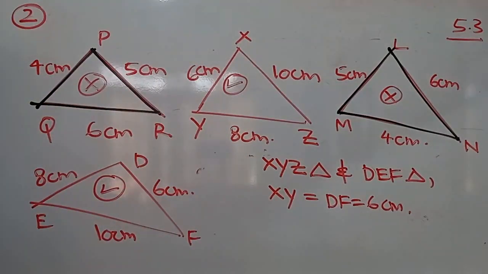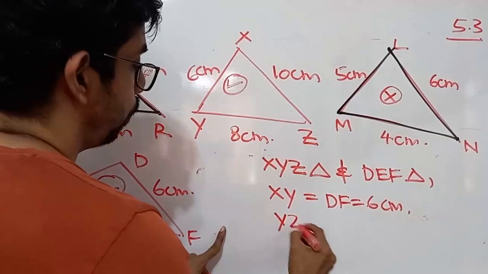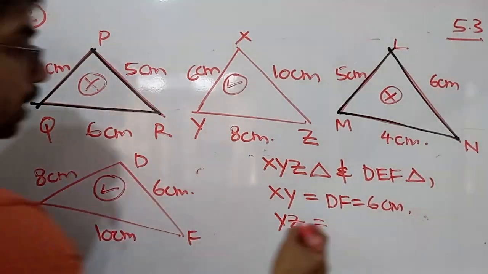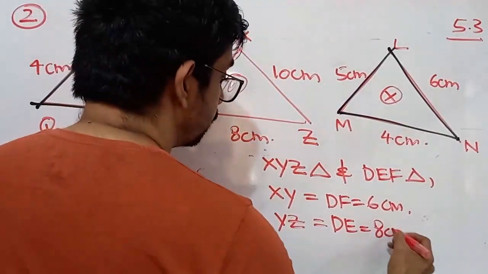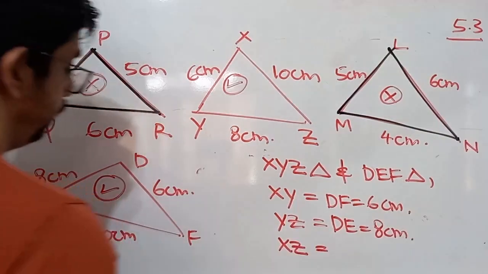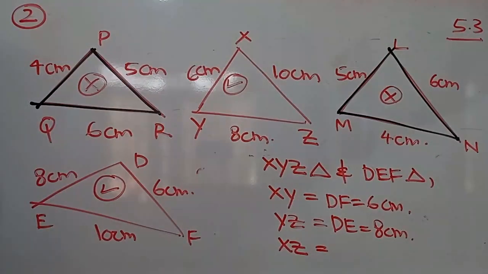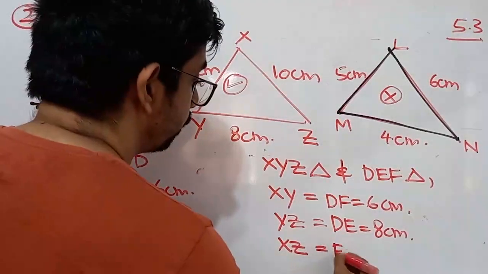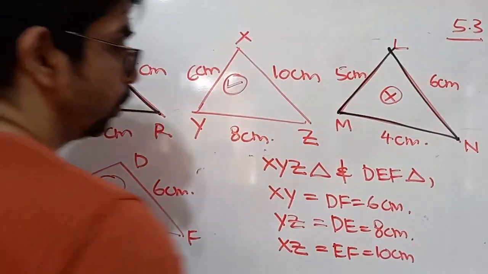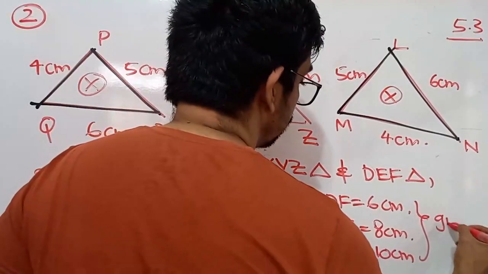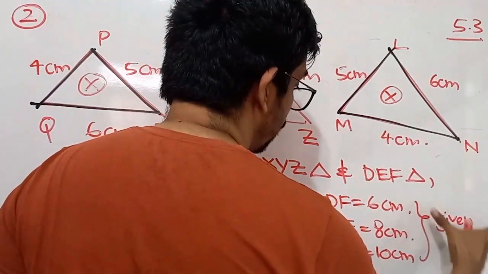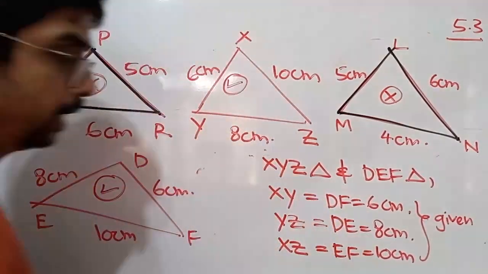Then we have YZ equal to DE. What is the length? 8 centimeters. Then we have XZ, that is equal to what? EF, which is 10 centimeters. So all of these are given. I wrote this easily, but you should always write given within brackets in front of each of these.